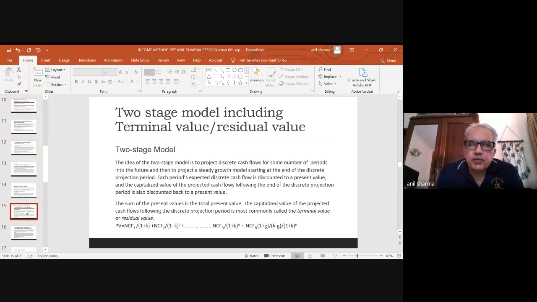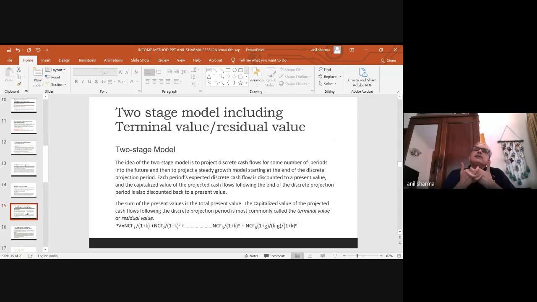In the two-stage model, there are discrete cash flows for, let's say, X number of years, but then there is a rate of constant growth till perpetuity after that. So there are two periods in that, right? There is period one, for X years, in which there are discrete cash flows: discrete in year one, discrete in two, discrete in three, discrete in four.